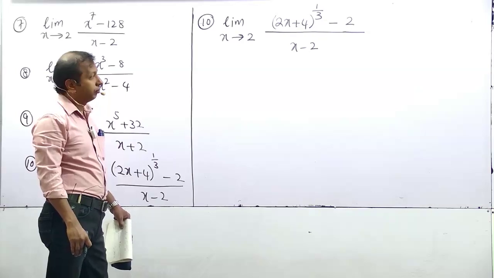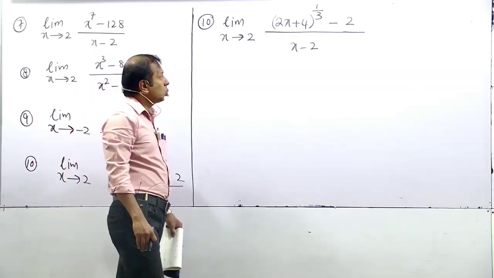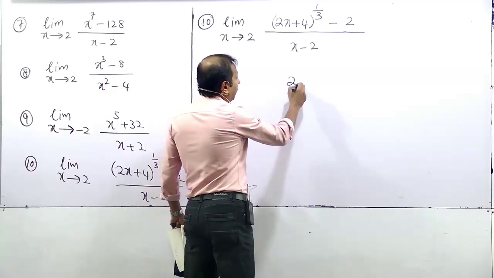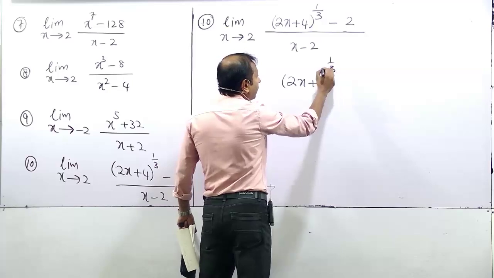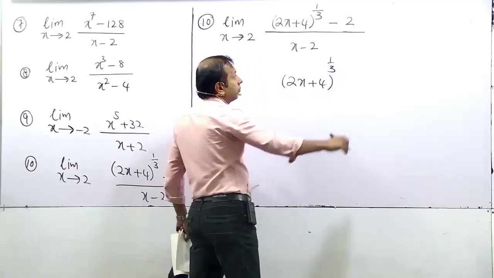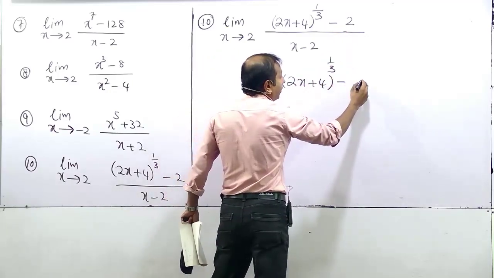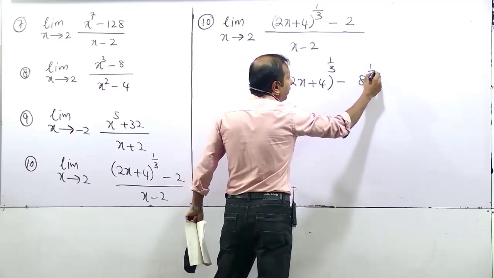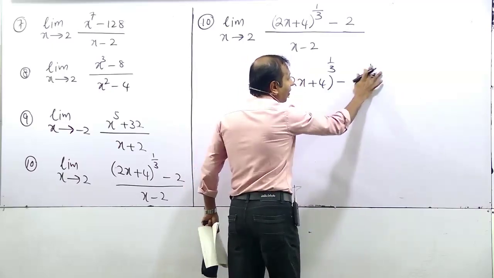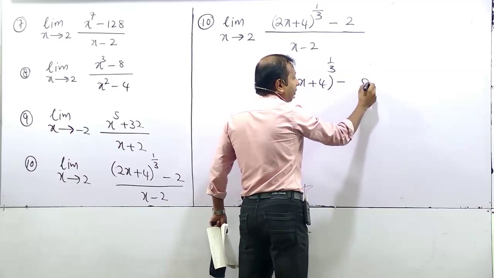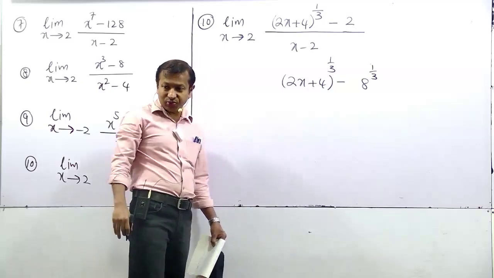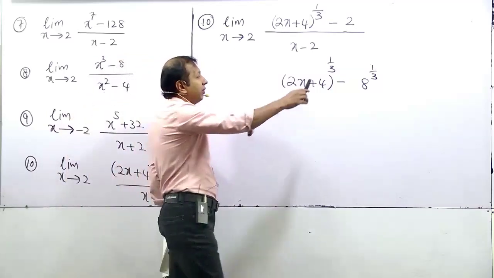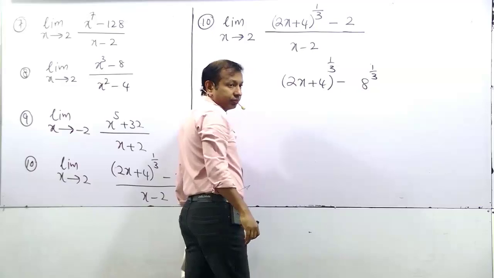Now, 2x plus 4 to the power 1/3. This 2 I can write as cube root of 8. What is the cube root of 8? 2, no? Then this 2 I write as 8 to the power 1/3.